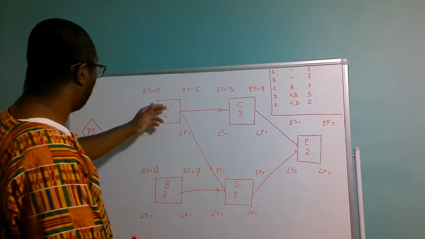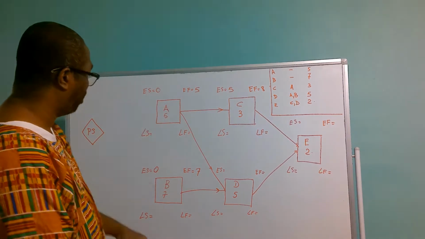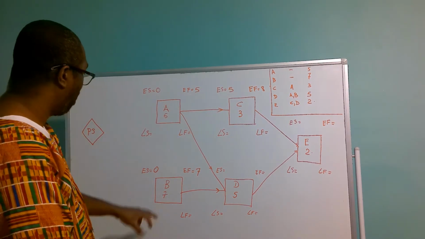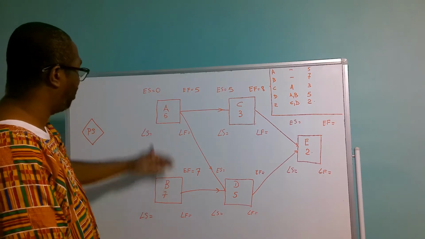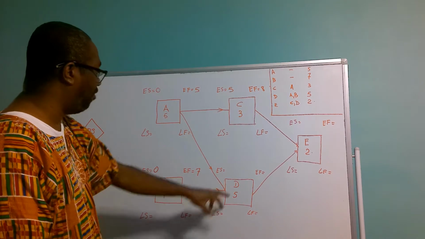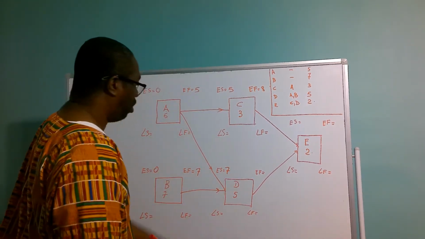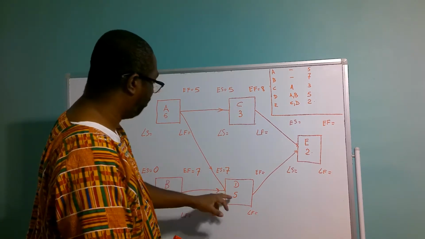The higher of A and B in terms of early finish is 7, because A has an early finish of 5 days and B has an early finish of 7 days. So the early start for activity D is going to be 7. D has a duration of 5 days, so 7 plus 5 is 12.